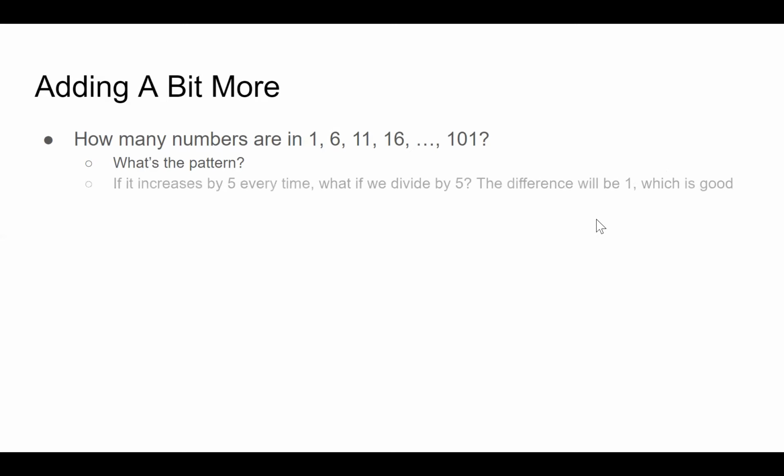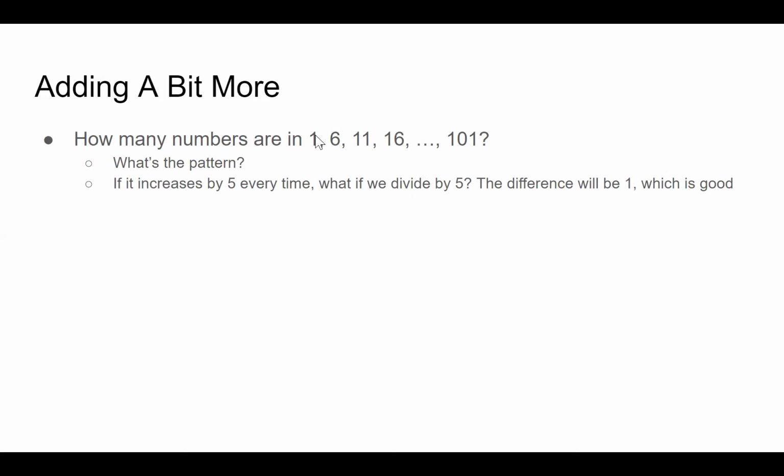Okay, so the way to do this, you notice that the pattern is that it adds 5 every time. You can just see this from doing 6 minus 1 is 5, 11 minus 6 is 5, all the way to 101. So that's like divide by 5. That's the first thing we think of.